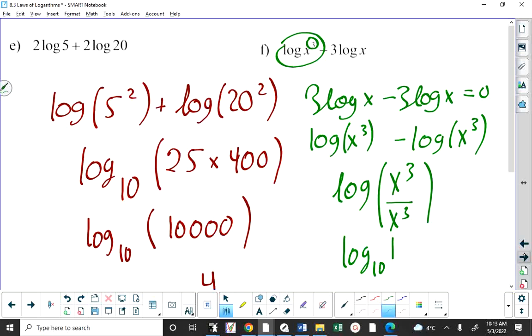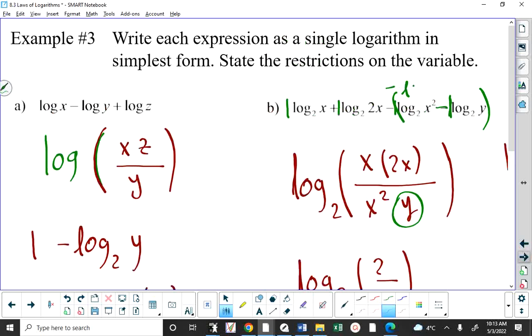And the rule here is as long as all of the logarithms are separate from each other, there are no brackets, no plus a whole bunch of logarithms in brackets, a positive logarithm will have an argument that goes in the numerator, and a negative logarithm will have an argument that goes in the denominator.